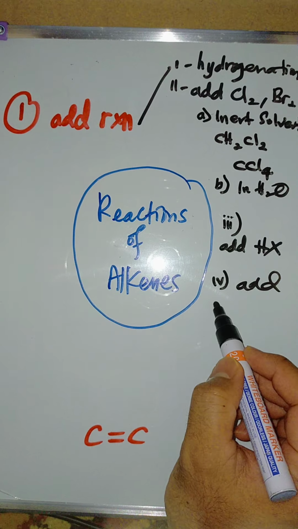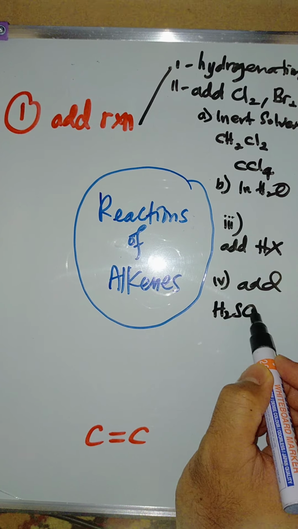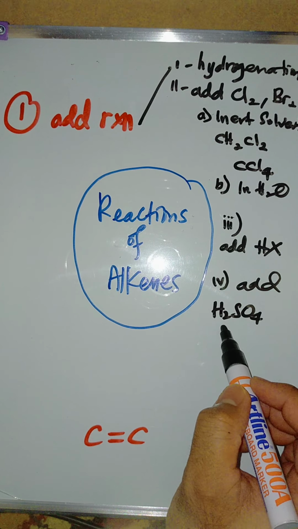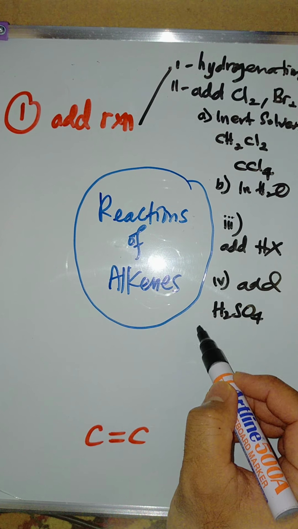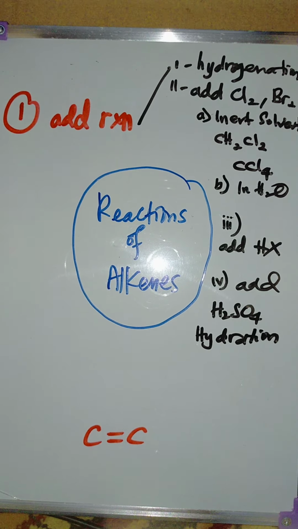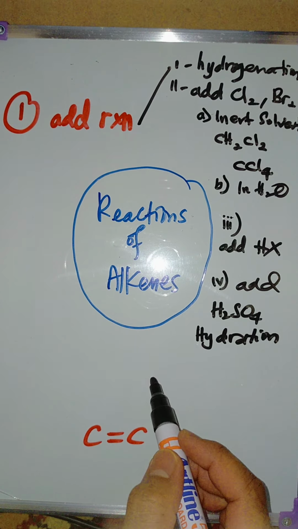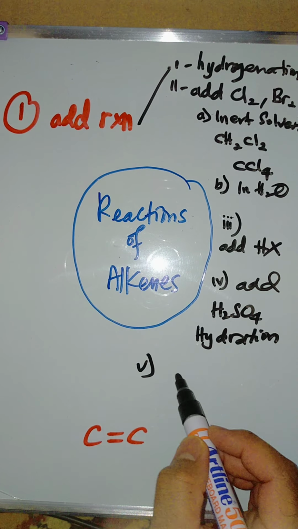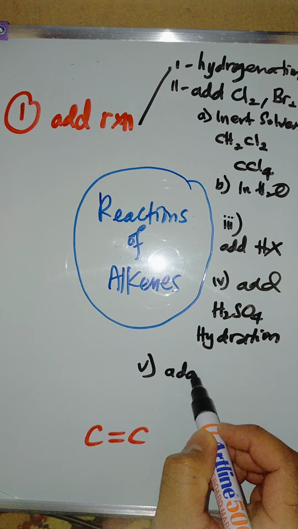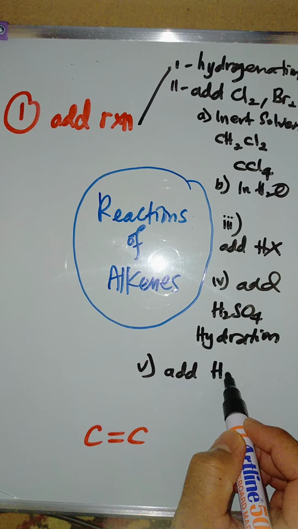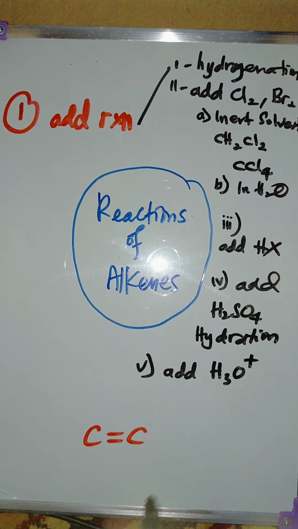So you add the concentrated sulfuric acid, known also as hydration of alkene. And the last one, okay, addition reaction with acidified water. Okay, with acidified water, also the same hydration of alkene.